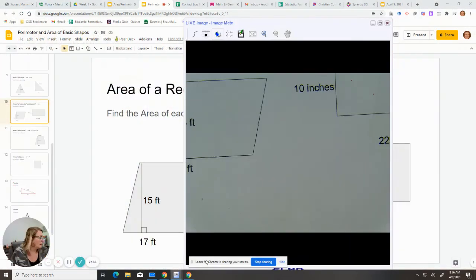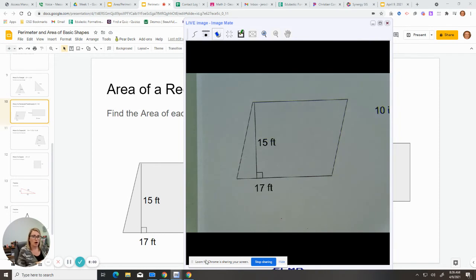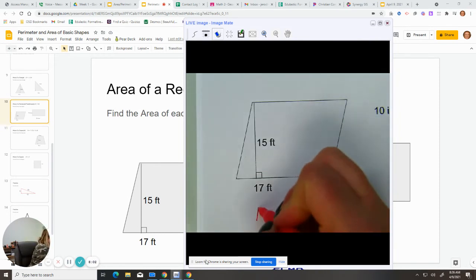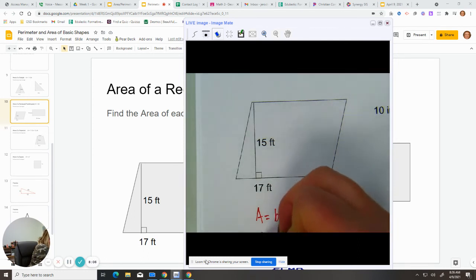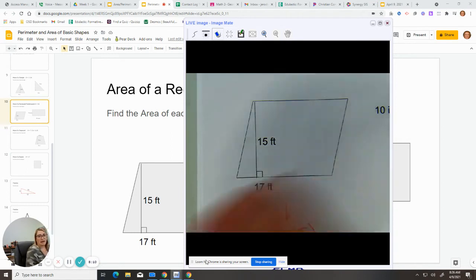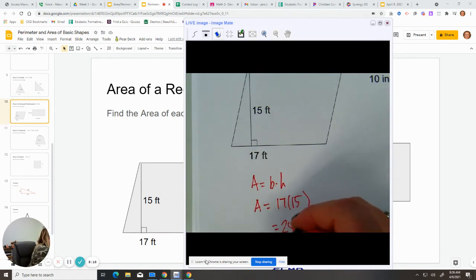So let me pull up this one. We're going to do this one, same as that one. Our formula for this, though, is just base times height. So it's way more straightforward. It is 17 times 15, and 17 times 15 is 255.